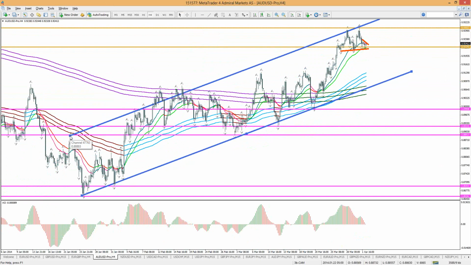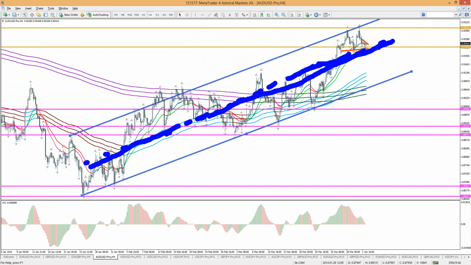It has a good angle, which is something between 30 and 45 degrees, roughly speaking. It sees price respecting both sides. It also has a halfway line that is respected as well. That halfway line is often respected in a channel like this.